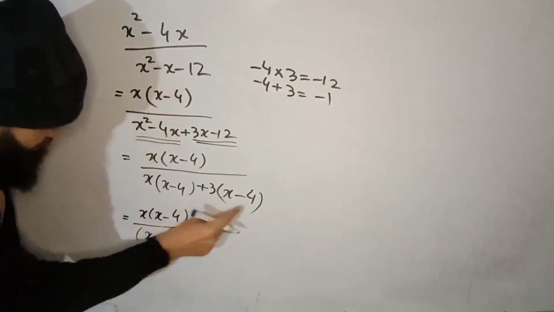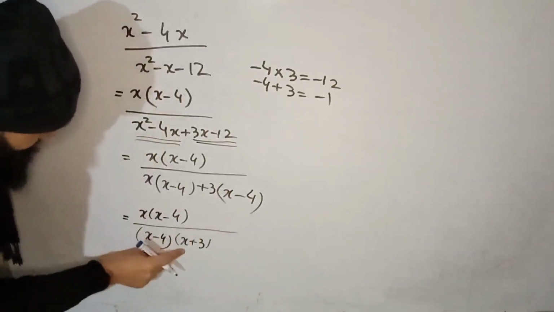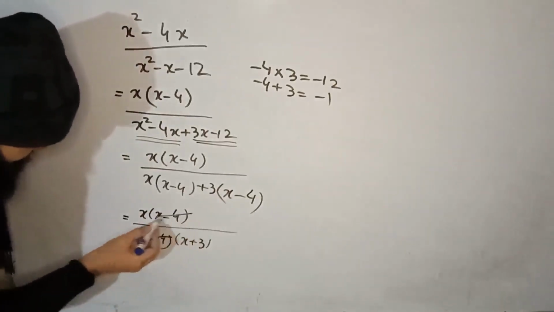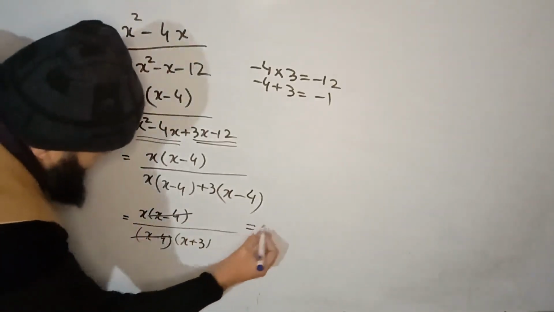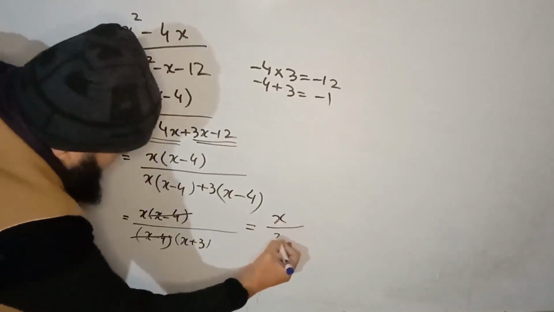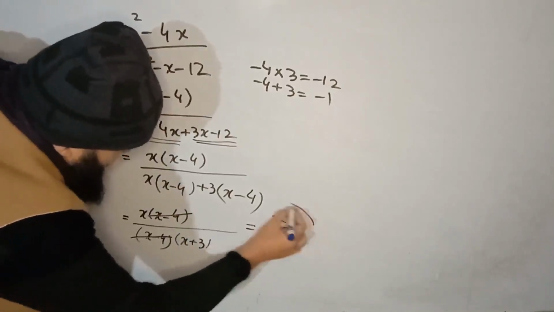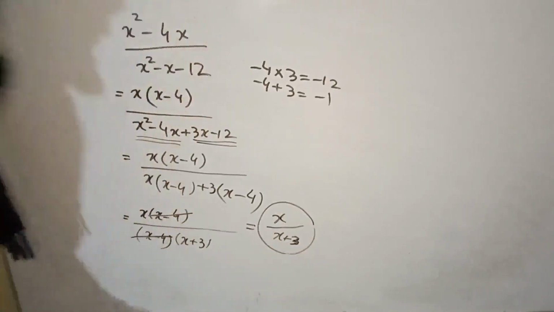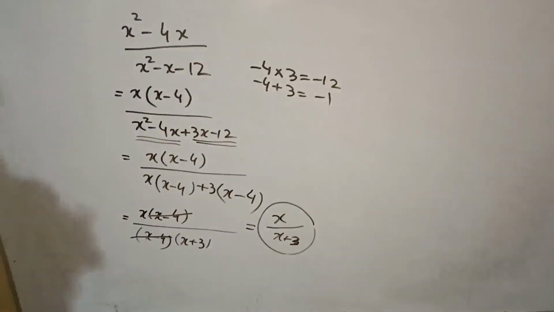So x minus 4 cancels with this x minus 4, and we are left with x over x plus 3, and this is the final answer of the simplified expression. So x over x plus 3 is the answer of this question.